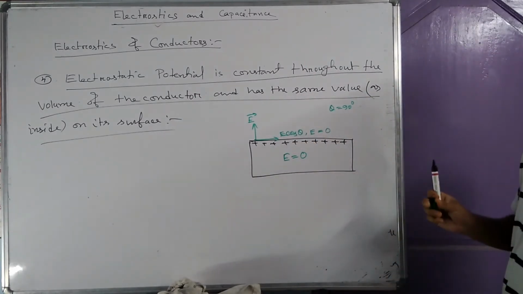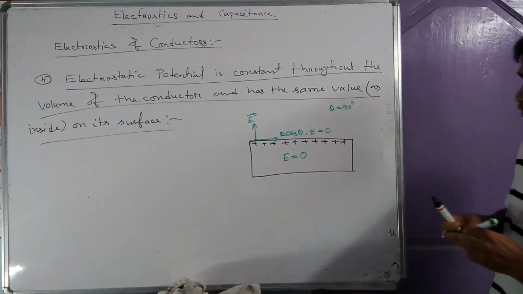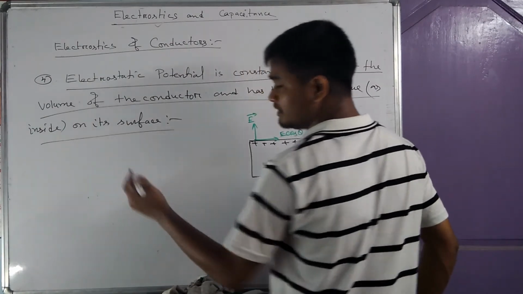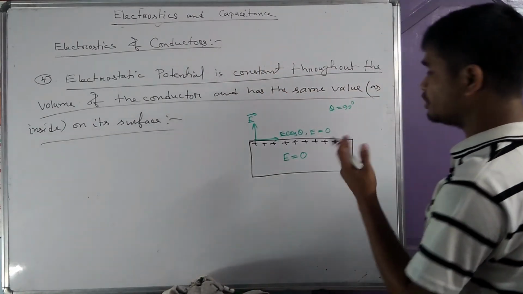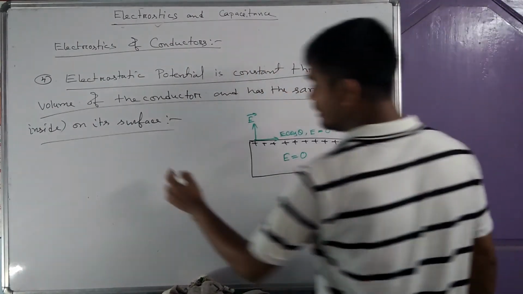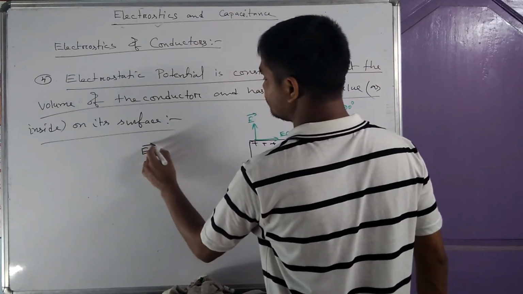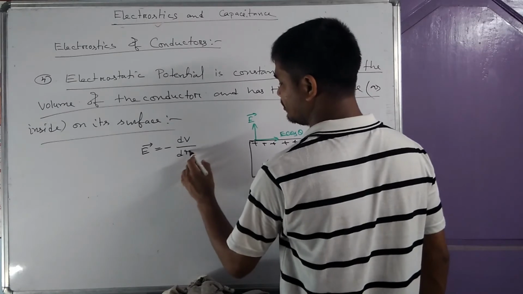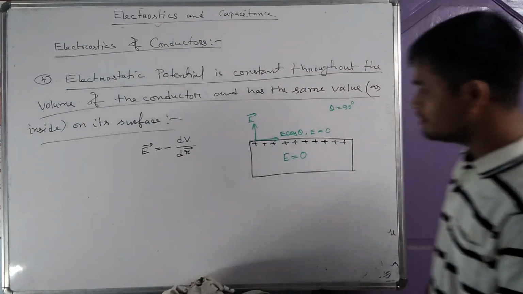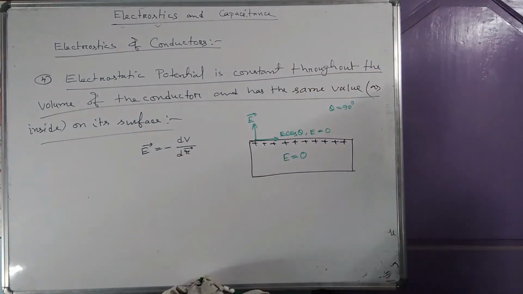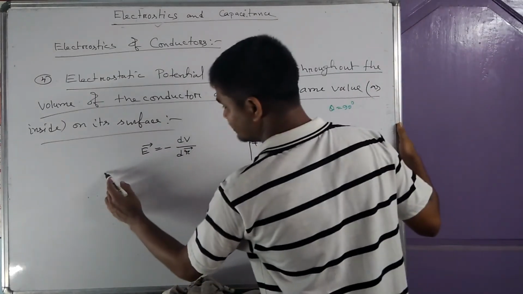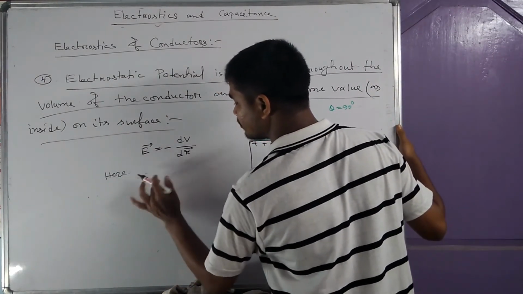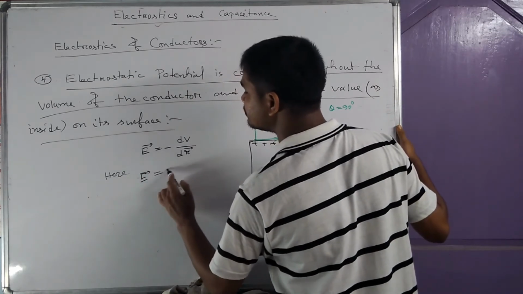Since electric field is 0, and already we know the relationship between the potential and electric field: E is the negative gradient of potential. In this case, electric field E is equal to 0.